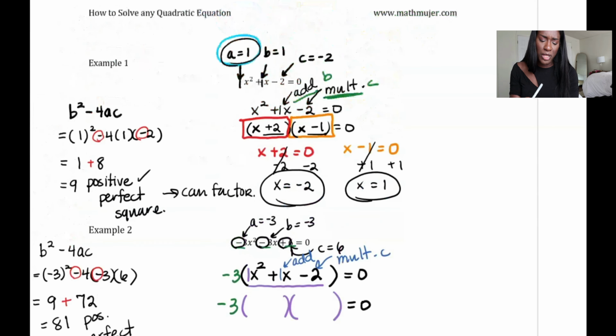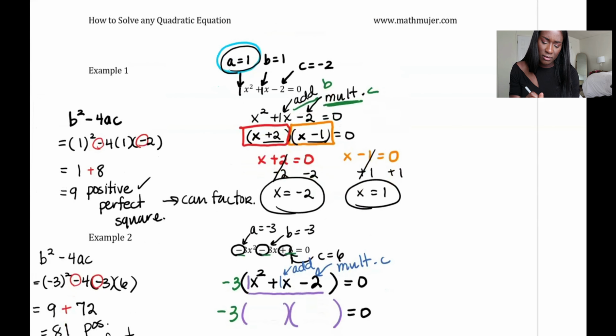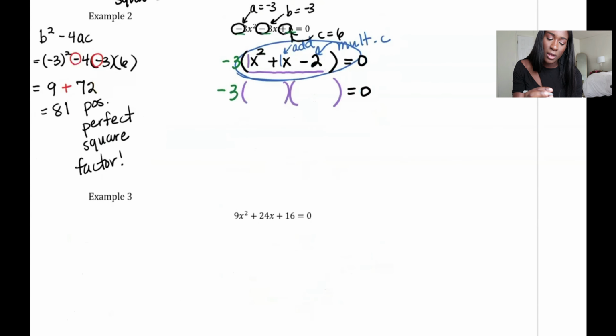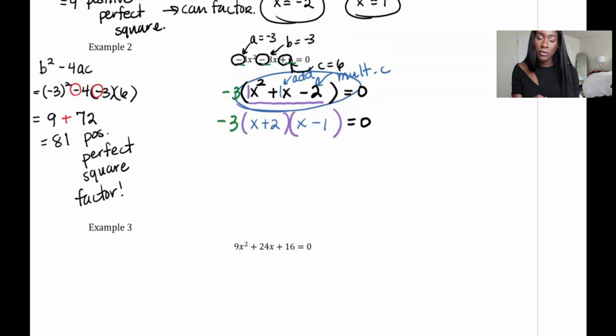And that's the same thing we did before, because this x squared plus 1x minus 2 is the same thing we had up here in example 1. And we factor that with the red and the orange box, x plus 2, x minus 1. So I'll go ahead and fill those in. It's the same problem. I just multiplied it by a negative 3, which made the problem look very different, but it didn't change the solutions, and it didn't change the way we solved it.